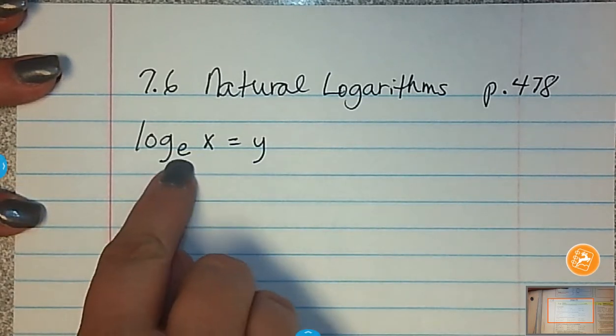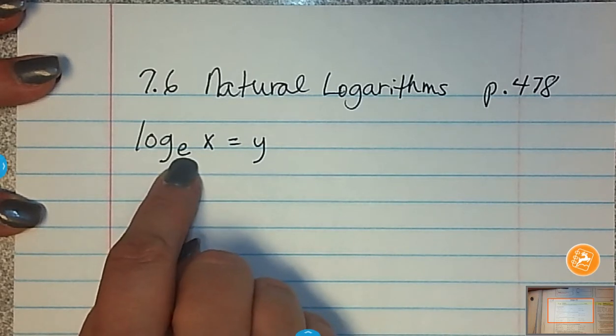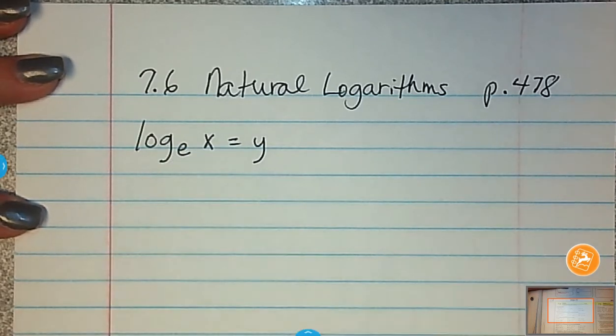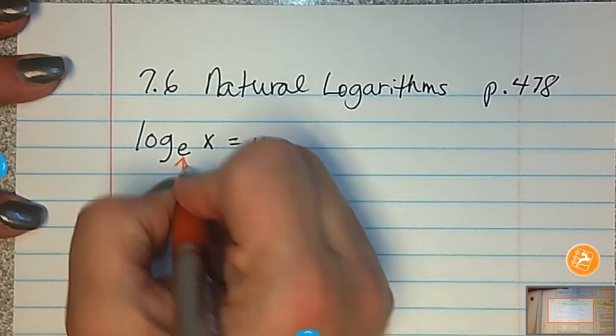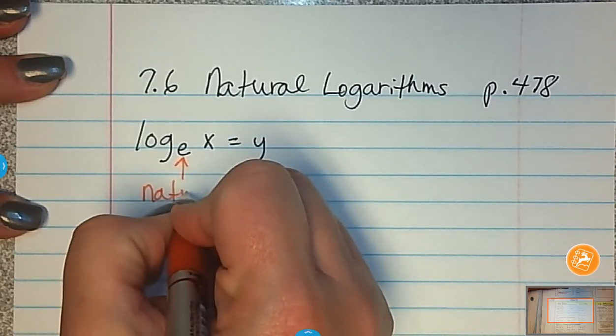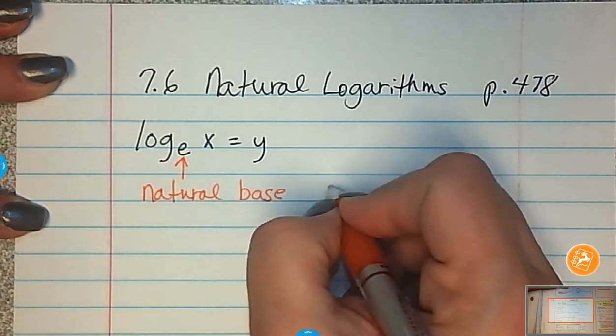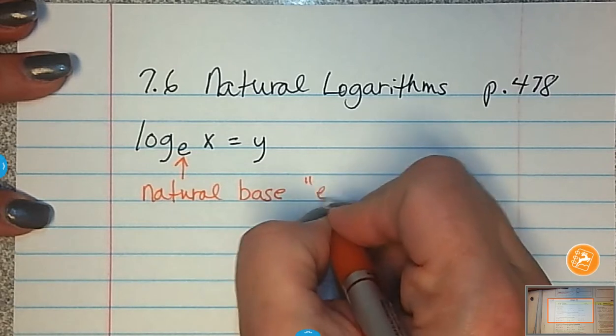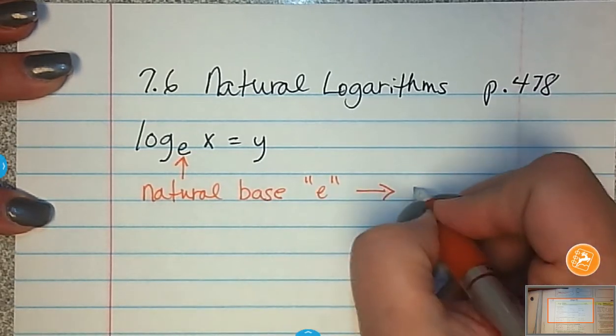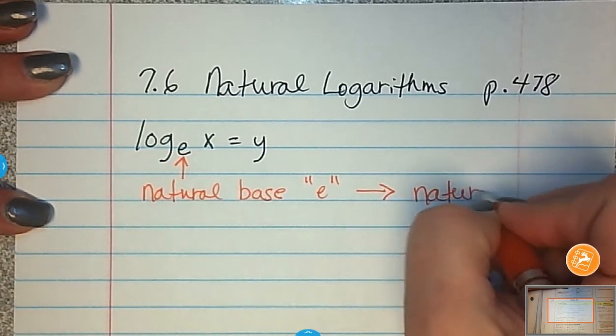So this is a natural base logarithm. That e is a natural base because it's an e. That makes this a natural logarithm.